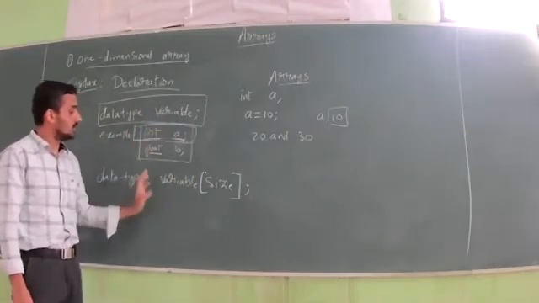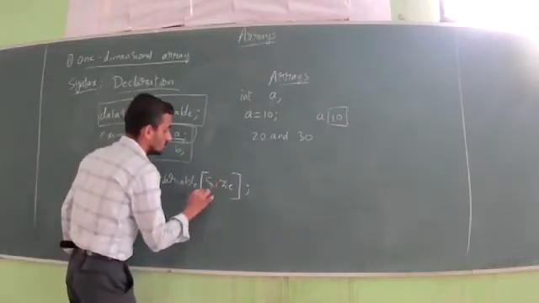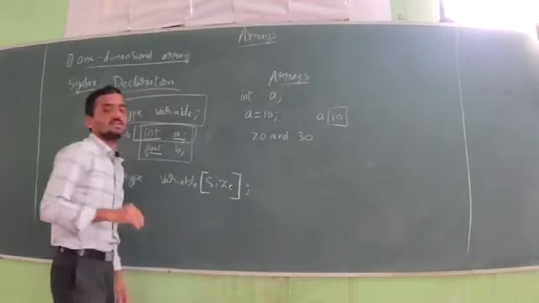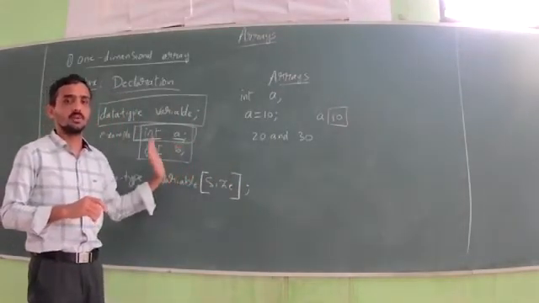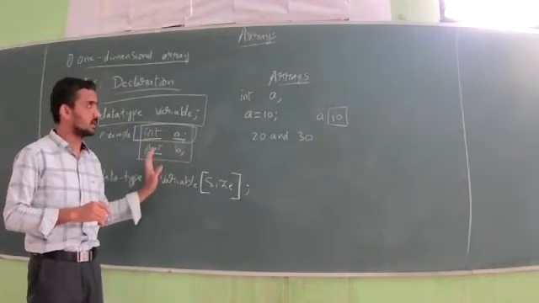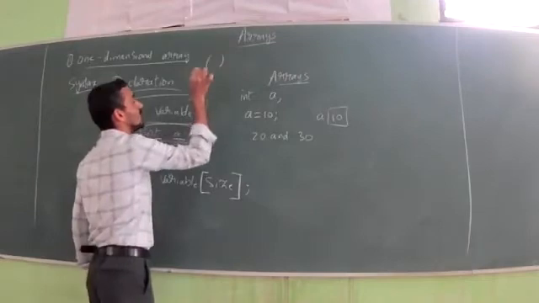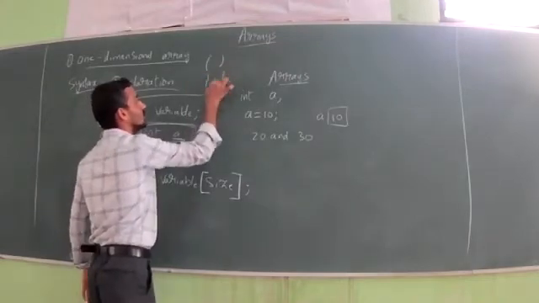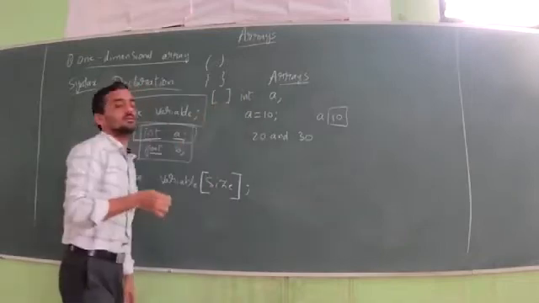Data type, variable, of size. In the square brackets you have to mention the size. In programming, for square brackets you just call them brackets. For the round ones, you call them parentheses, and for the curly ones, you say braces.